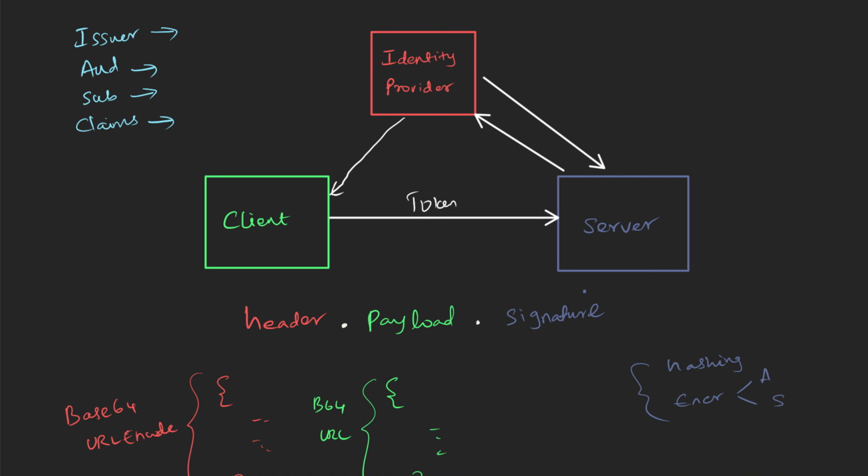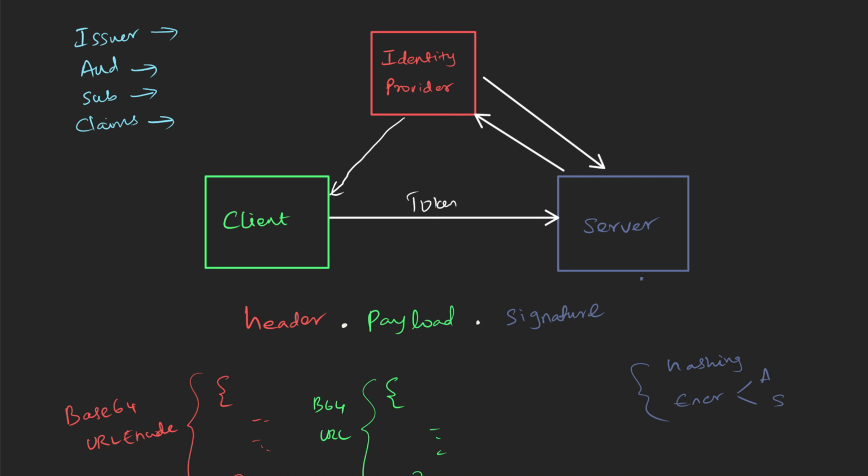In the case of hashing, it will take the header and payload, hash them using the hashing key that it has, and compare whether the hashed message matches the one in the signature.